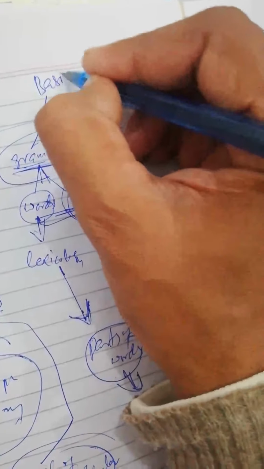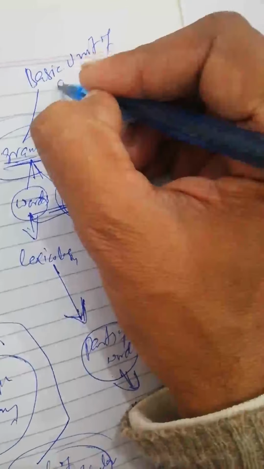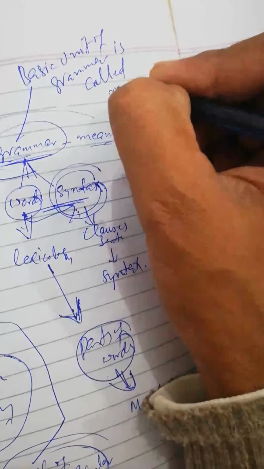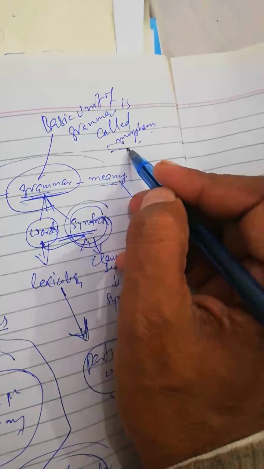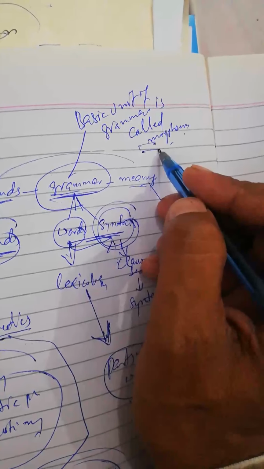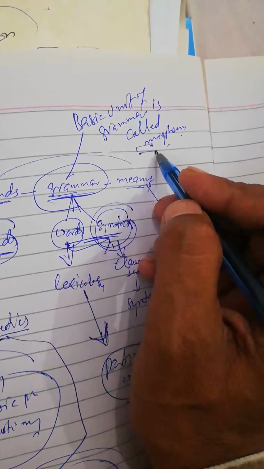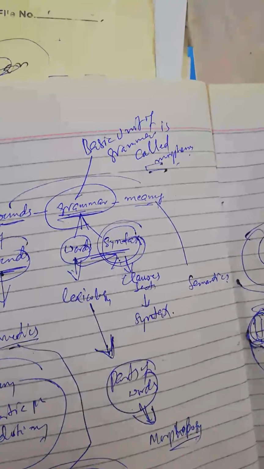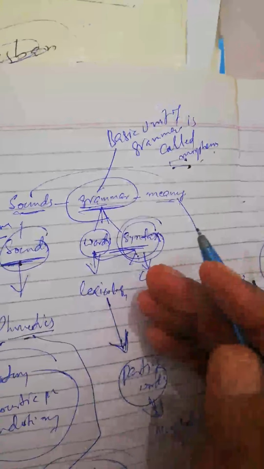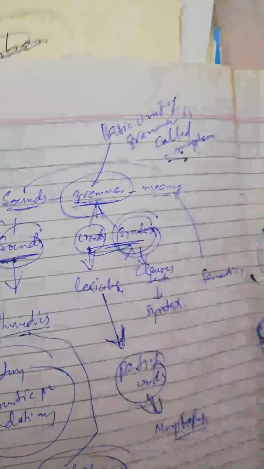Now the basic unit of grammar is called the morpheme. It's the basic unit of grammar. But what type of unit, structural or functional? Both. The basic unit of grammar in terms of function as well as structure is known as the morpheme.